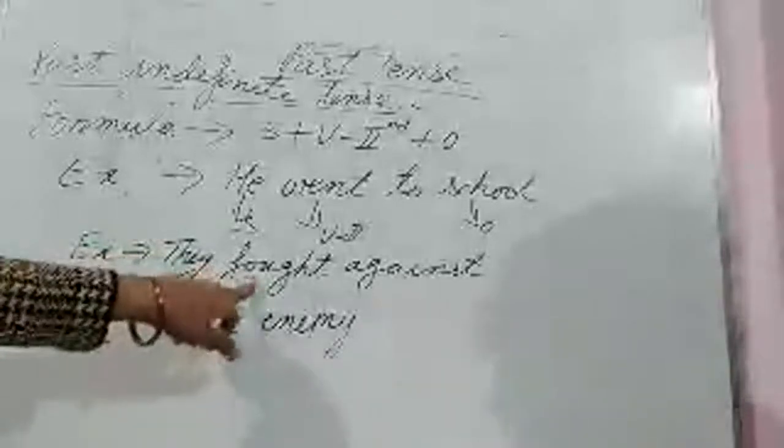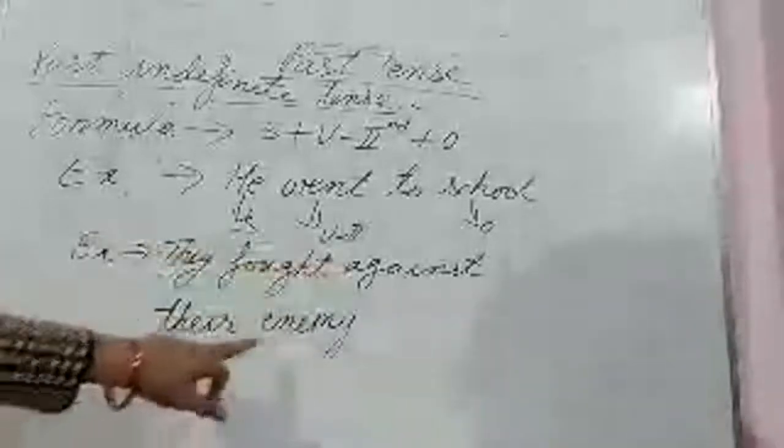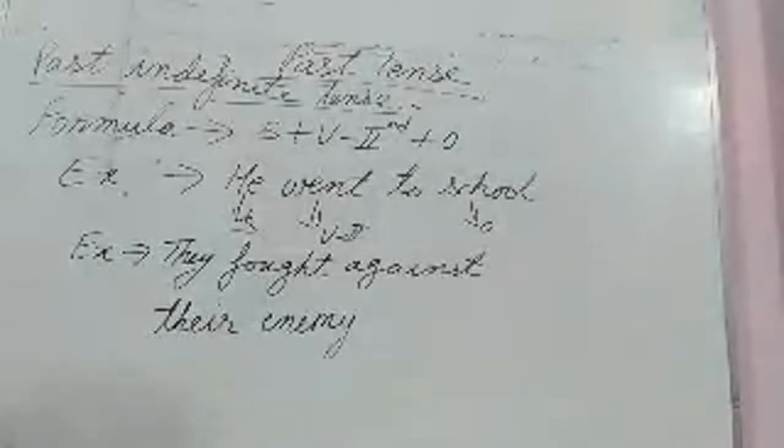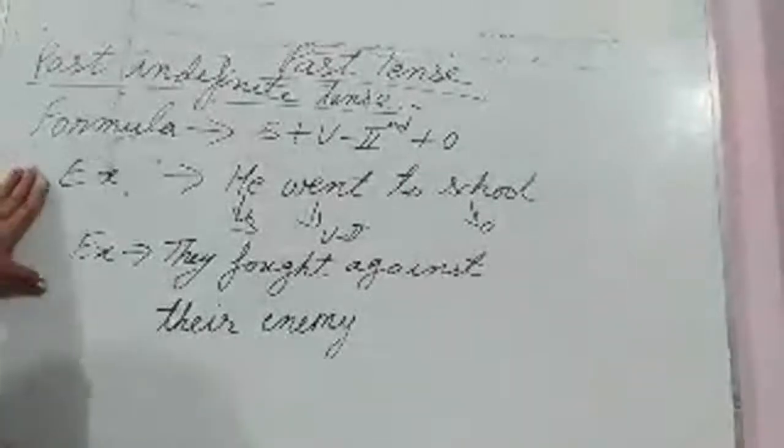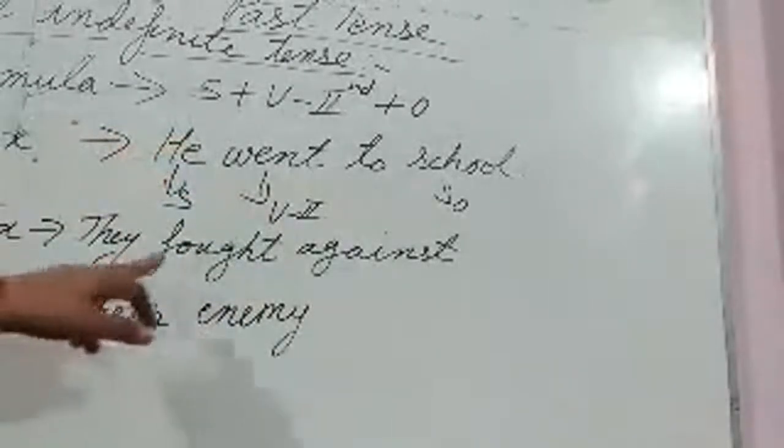Here they is the subject, fought is the verb of the second form, against their enemy is the object. So according to the formula of the past indefinite tense, two examples are given. That is, he went to school. Went is the verb of the second form. They fought against their enemy, where they is the subject. Fought is the verb of the second form. Against their enemy is the object.